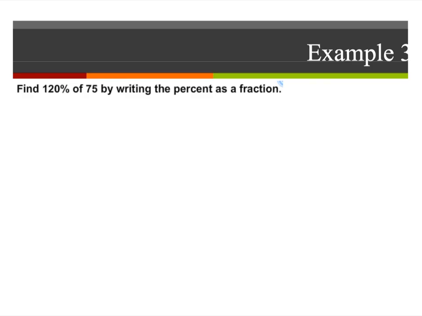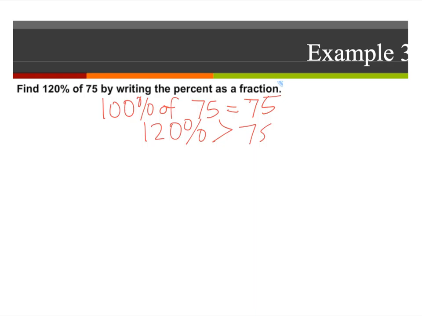So now let's look at example 3. It says find 120% of 75. Now remember, 100% of 75, just so we know, is going to be 75. So 120% has to be more, right? 120% will be greater than 75.